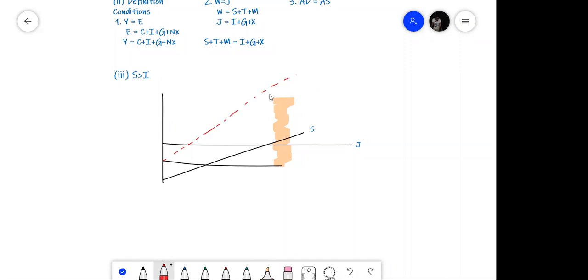My diagram is a little bad, but don't mind that. So you have the expenditure function, and you have the y equals E line. So in this situation where savings is greater than injections, what does this denote? This denotes a situation of involuntary inventory accumulation.